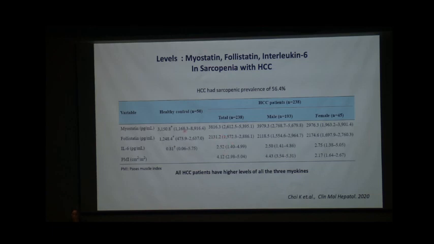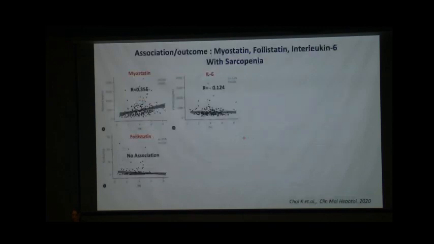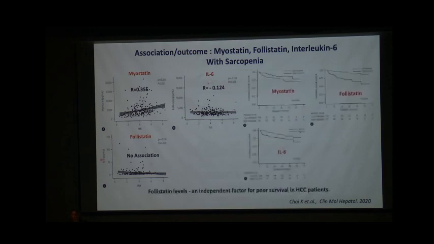There was almost 56.4% sarcopenia prevalence, but these myokines were increased in all the HCC patients. Myostatin levels were directly proportional to the SOIS score, which is the muscle score. IL-6 was inversely proportional, and follistatin had no association.